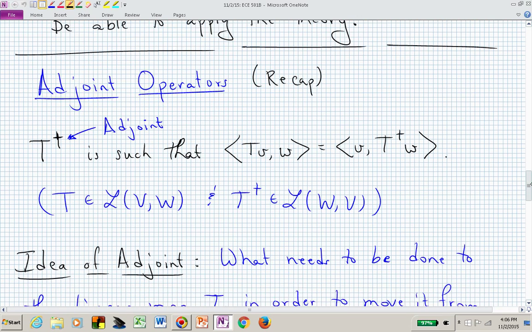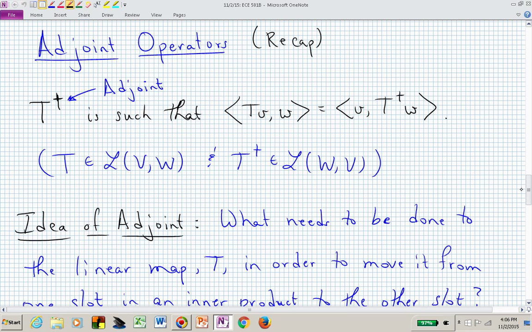As a recap, let's start with this notion of an adjoint operator, and the symbol that we were using is this superscript dagger, and I usually just say T dagger to mean the adjoint.